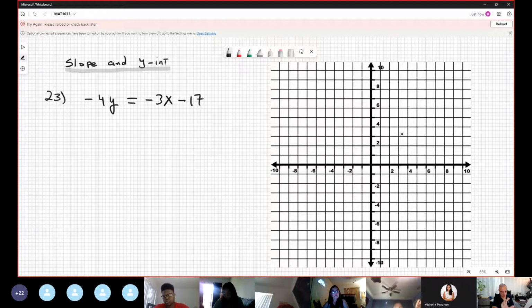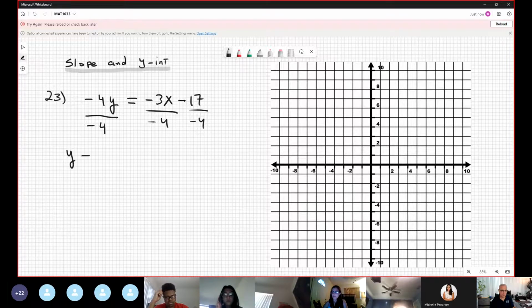I manipulate my equation elegantly in order to see it clearly, in slope-intercept form, because they want you to find slope-intercept form. So the manipulation is that you divide by negative 4. I appreciate that somebody moved 3x to the right. Then y alone is 3 over 4 x minus 17 over 4, not reduced.